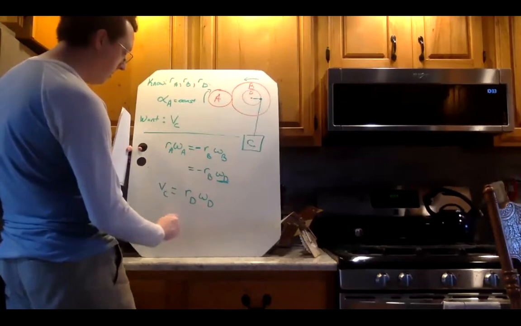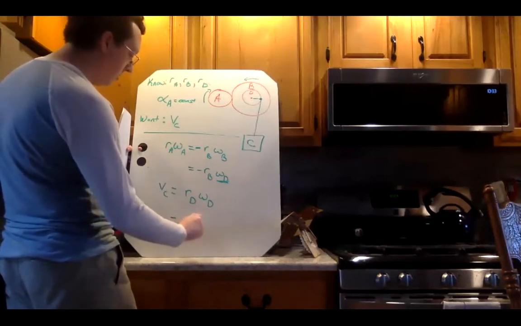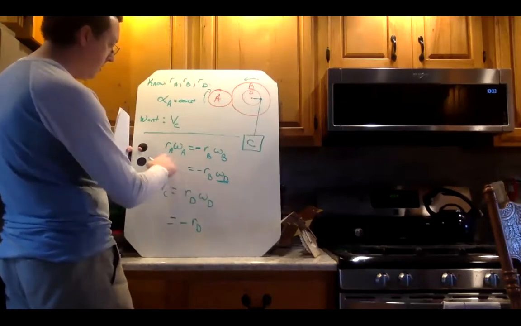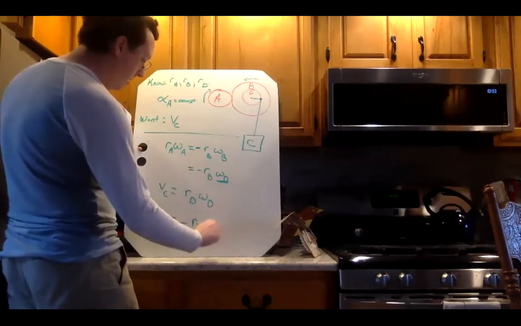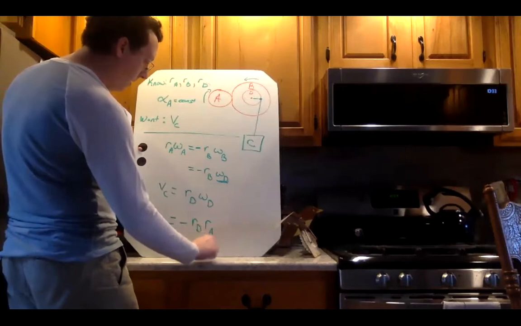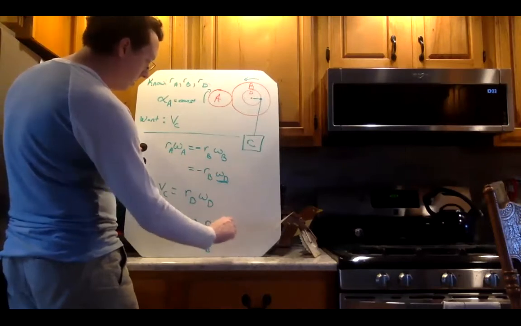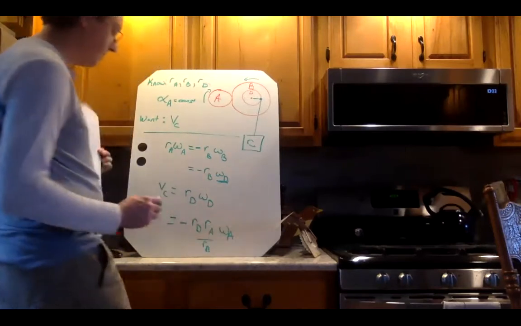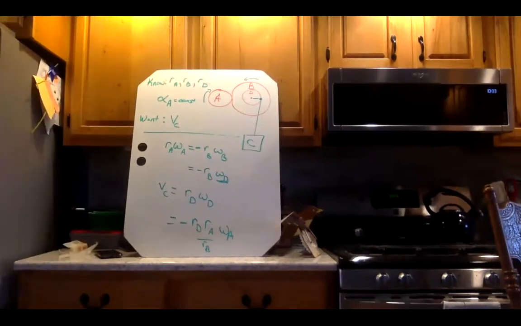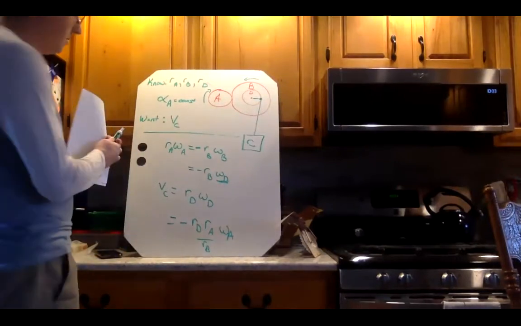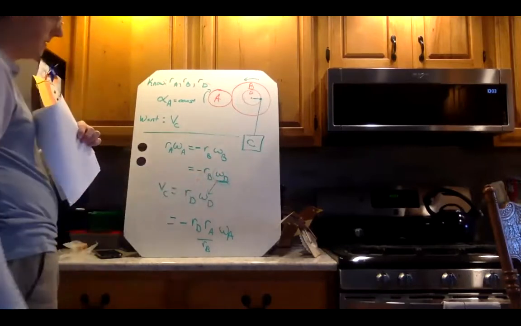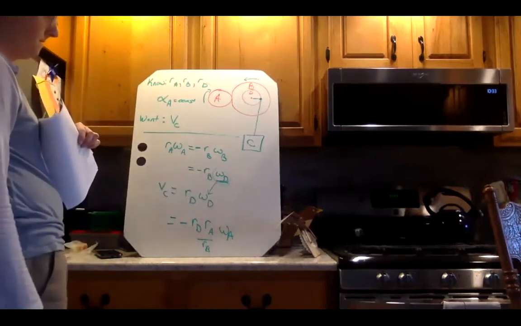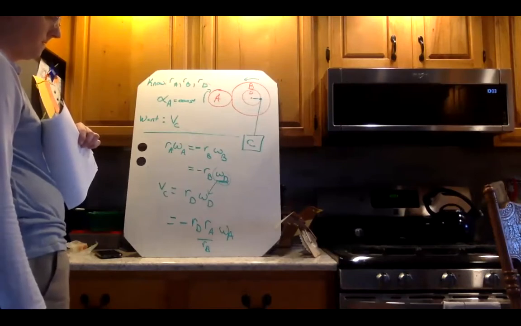So this is going to be minus RD times RA over RB times omega A. All I'm doing is solving for this and substituting into here.